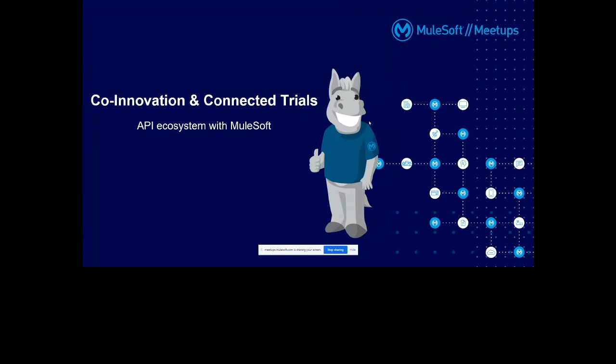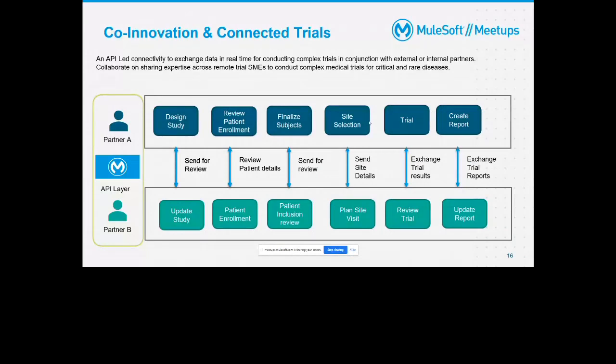Okay, so now the next pattern, which we are all familiar with, is API-led connectivity or API-based integration. This is about connected trials and co-innovation. That means instead of one clinical trial organization conducting the end-to-end trial process, there can be some complicated or rare diseases where it is required that multiple trial organizations collaborate, because different partners or trial organizations have expertise in different areas.